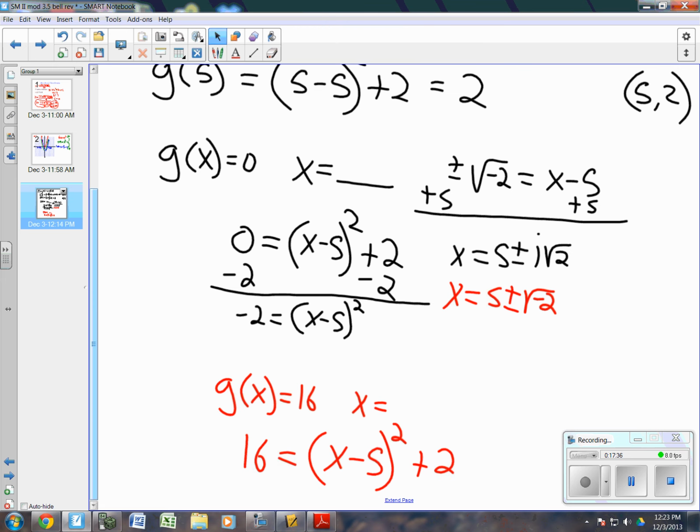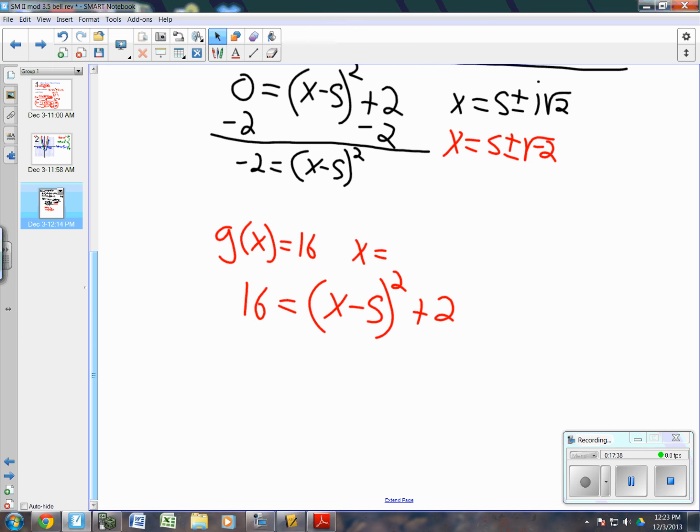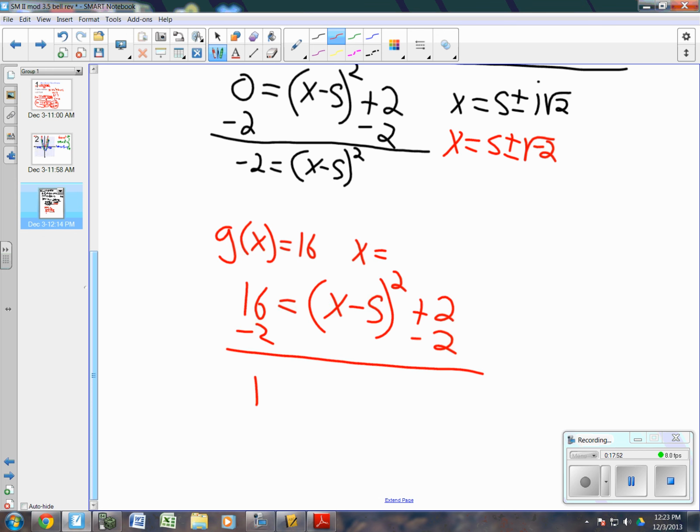Can I solve this one the same way I solved the last one? Square root it, and then add 5. Yeah, that is. So minus 2. So we get 14 equals (x minus 5) squared.